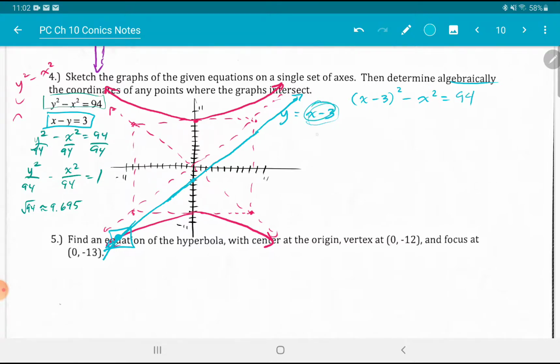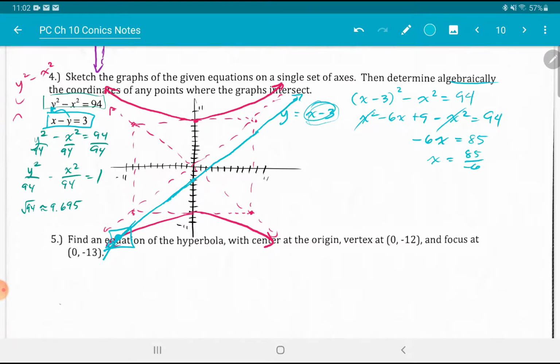So we're just plugging this line into the y value in the hyperbola. We get x squared minus 6x plus 9 minus x squared equals 94. The x squareds cancel out. You're left with negative 6x. Let's move the 9 over. We get 85. So x is 85 over negative 6.